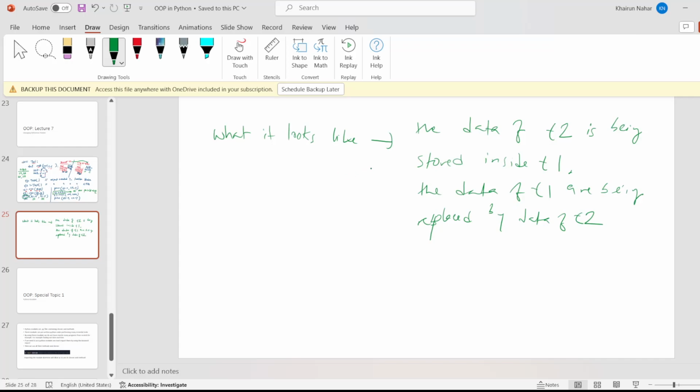But this is something wrong. This is not what happens, although this looks like it.